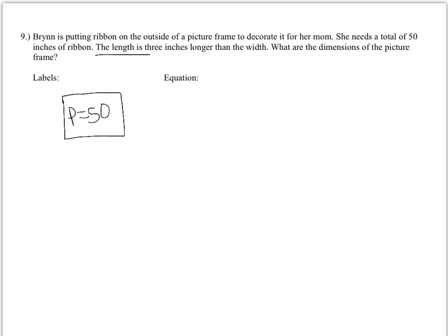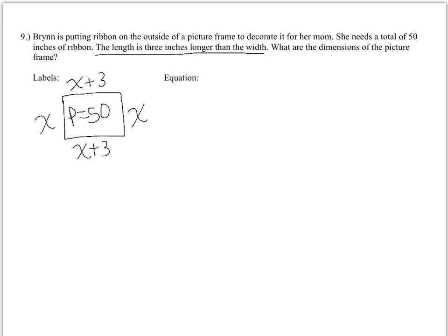The length is 3 times longer than the width. Well, we don't know the length, but we know the width is x. We know the length is 3 times longer than the width, so that's x plus 3. So I like to always label all 4 sides so I don't forget. If I want to, I can add up all the sides right now and make that x plus x plus x plus x is 4x plus 6, or I can use the formula.